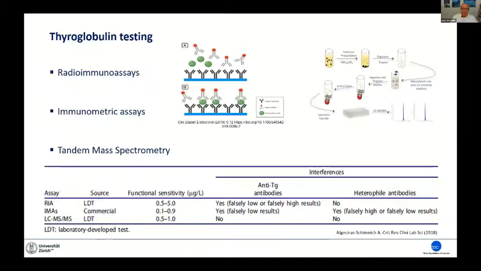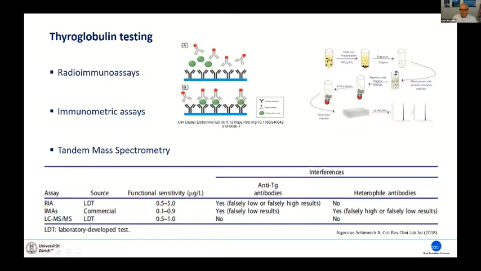Another very interesting method that appeared more recently is tandem mass spectrometry. As you can see in the figure, this method is not based on immunological reactions, as the mass spectrometry detects typical peptides of the thyroglobulin, and due to this different methodology, the method is not affected by immunological interferences.